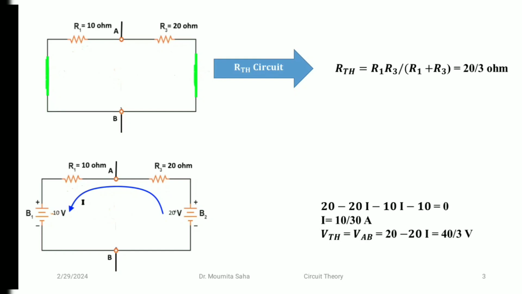So let's start the calculation part here. V2 voltage, that is 20 volts, minus, why? Because voltage drops across the R3 resistor.